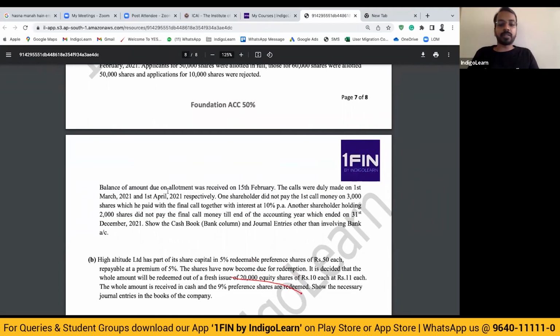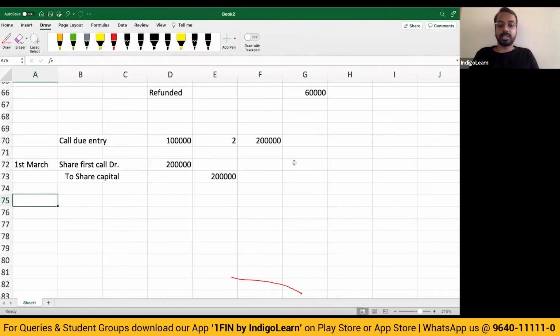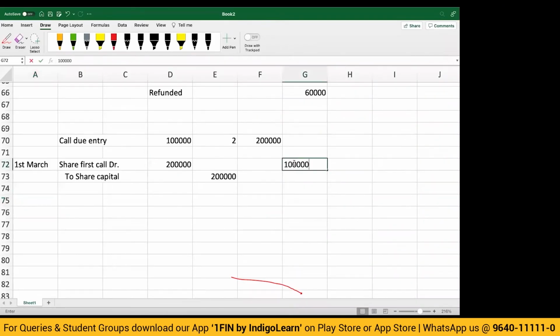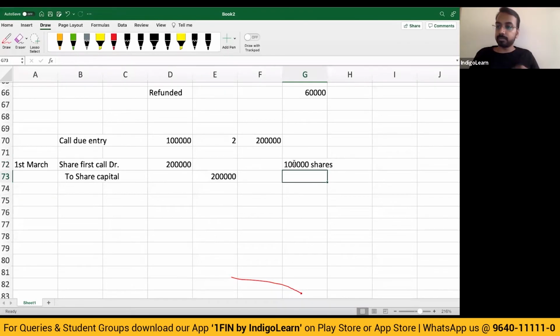Shareholder did not pay the first call money and he paid with the final call together with interest at 10% per annum. So from how many shares will we receive the share first call? 97,000, right?